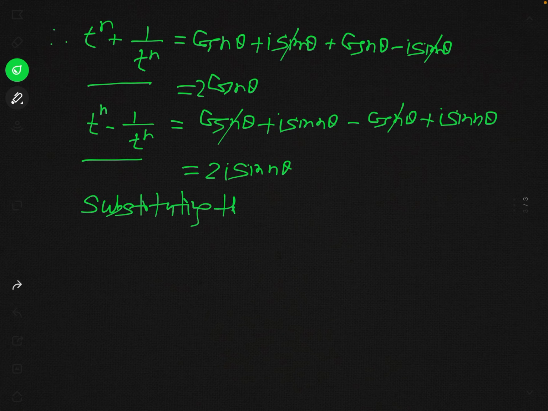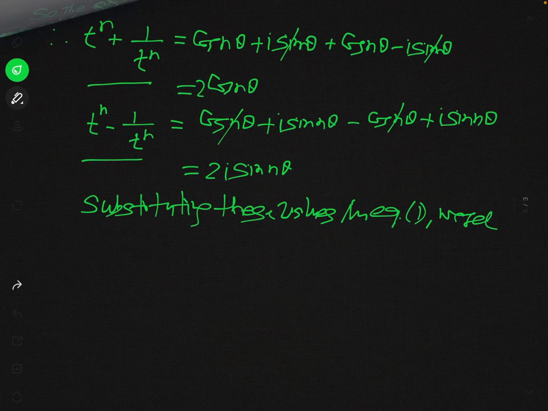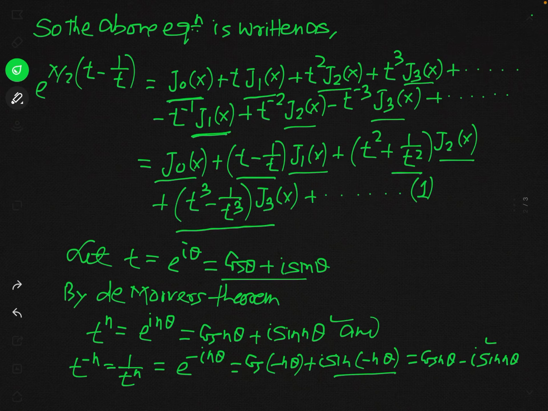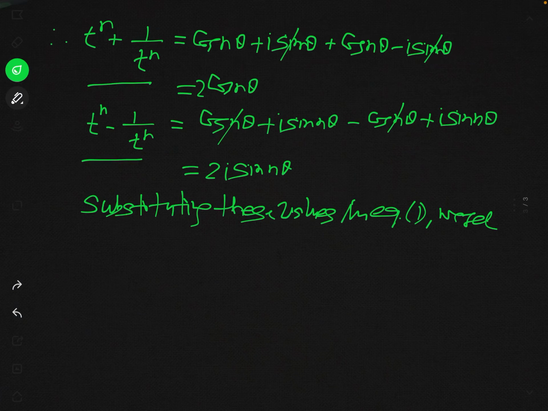Our equation 1 is e raised to the power x over 2 times t minus 1 over t.